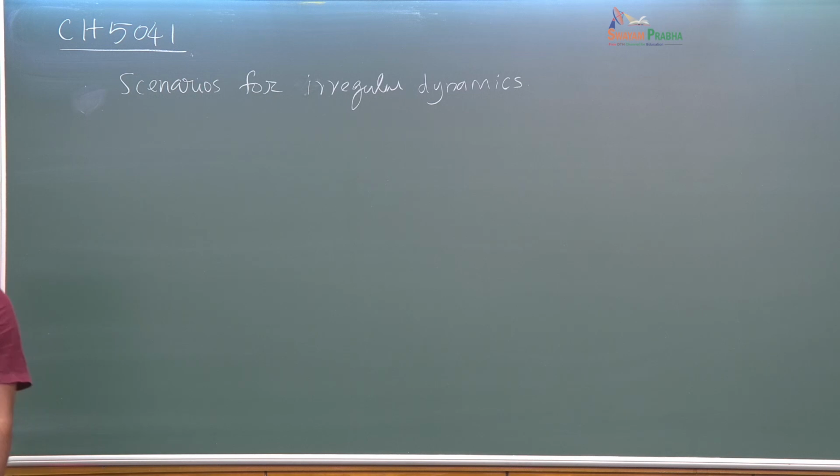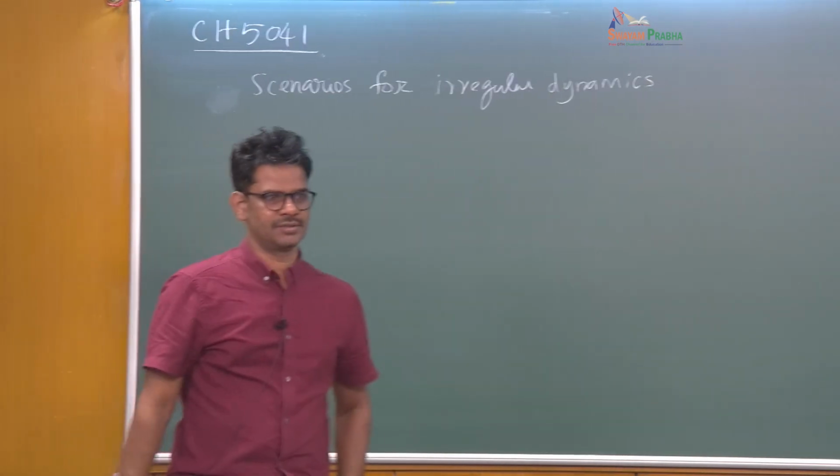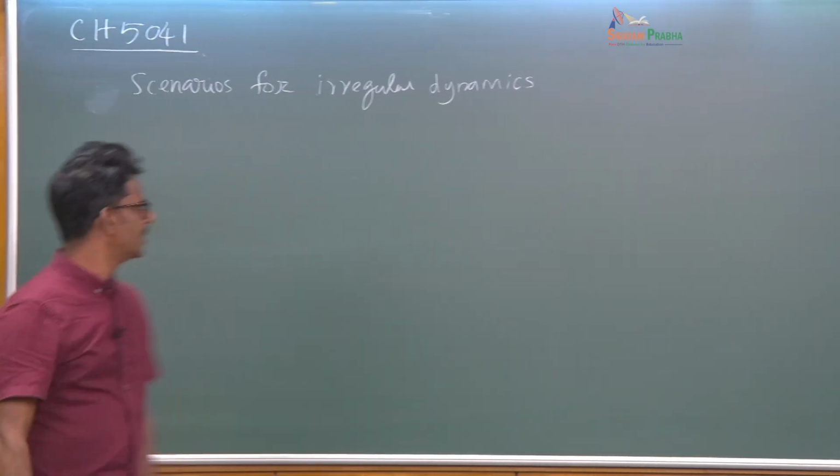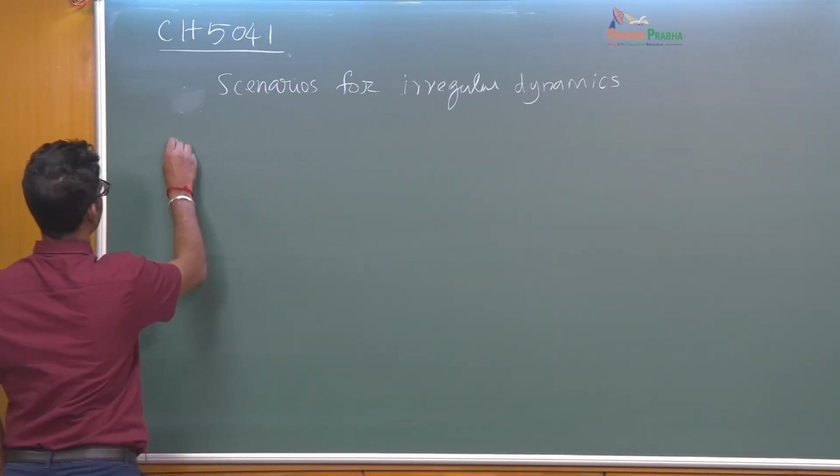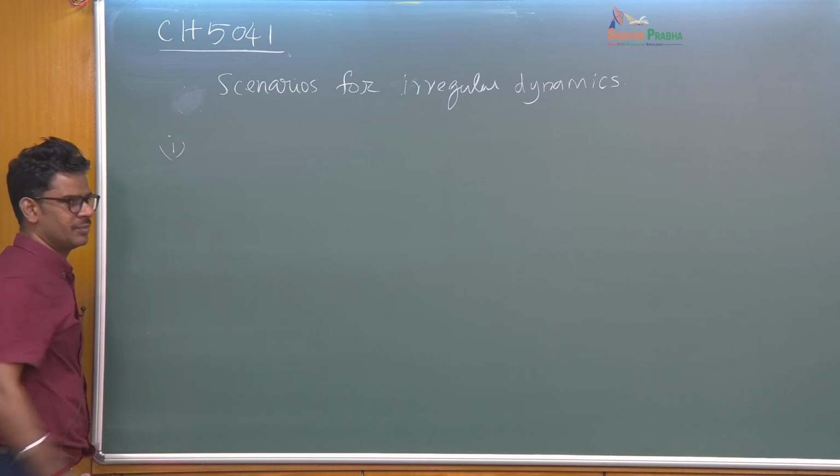Irregular dynamics, that is what we call a stochastic or random process, and I want to give an example of this, maybe two examples.